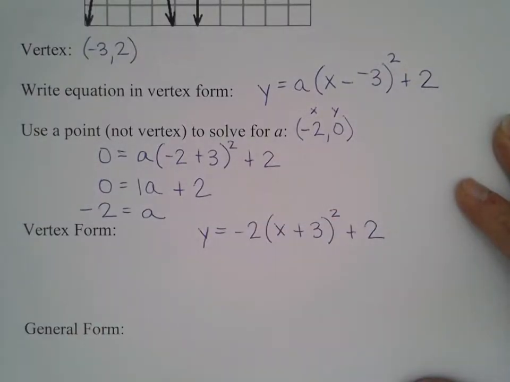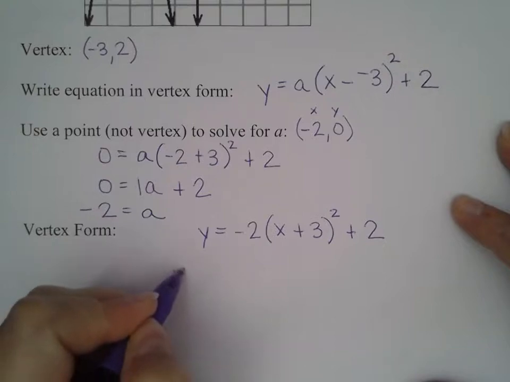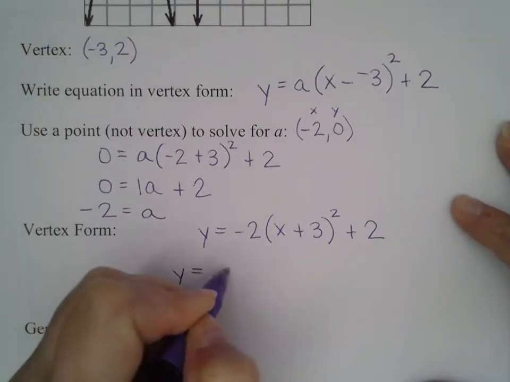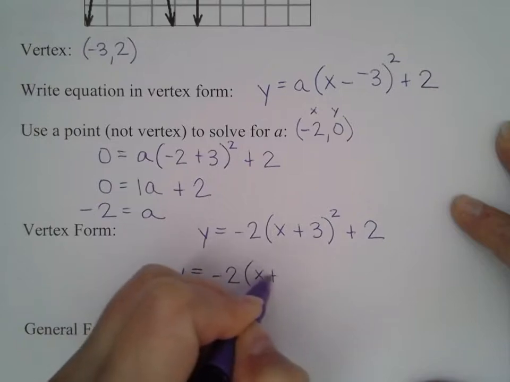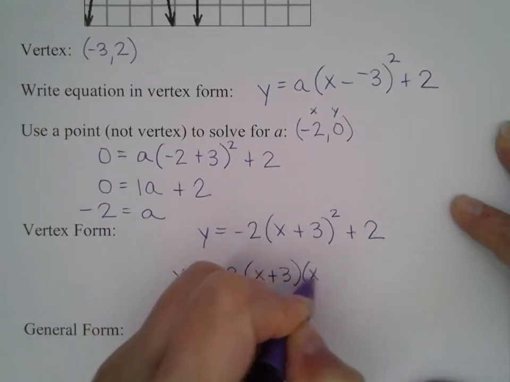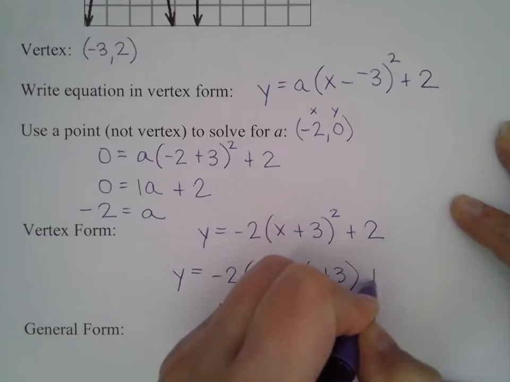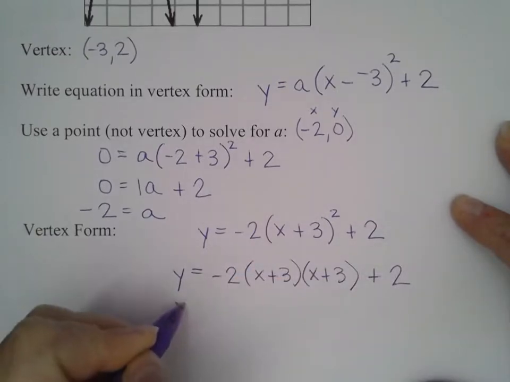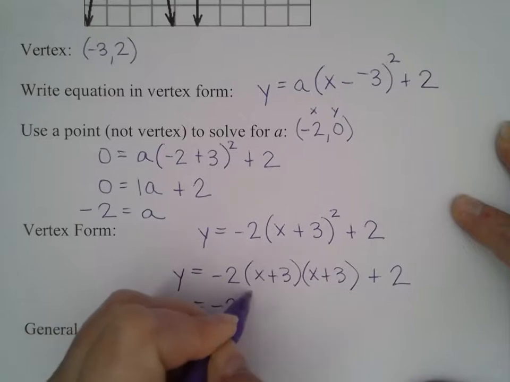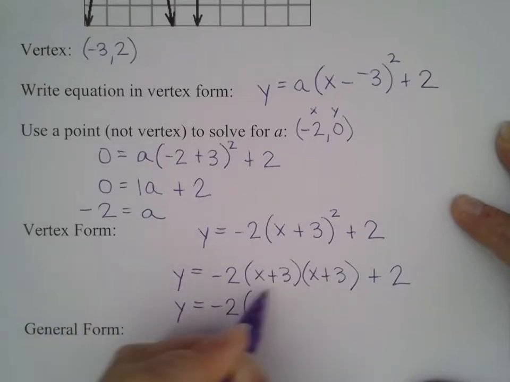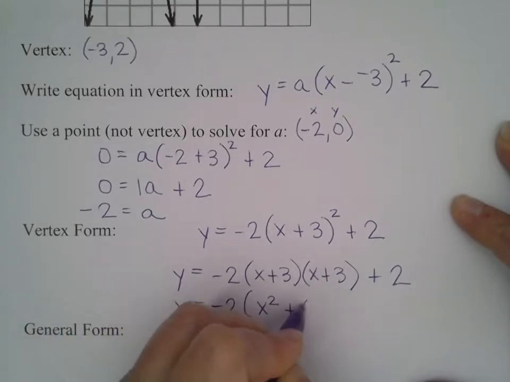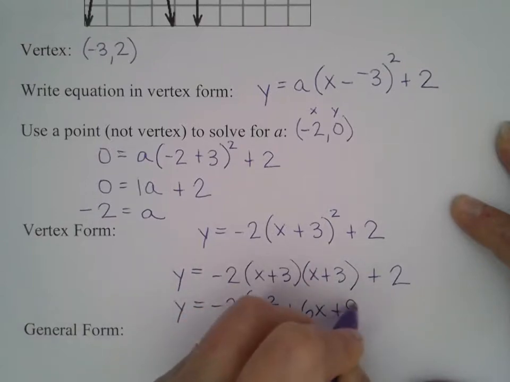All right, so we made the equation of that parabola. If we wanted to convert this into general form, we can just expand it out. I won't ask you to do that often, but let's go ahead and do it once so you can see it. So the square here means we're going to multiply x plus 3 by itself. And if I use FOIL to multiply these out, I should get x squared plus 6x plus 9.